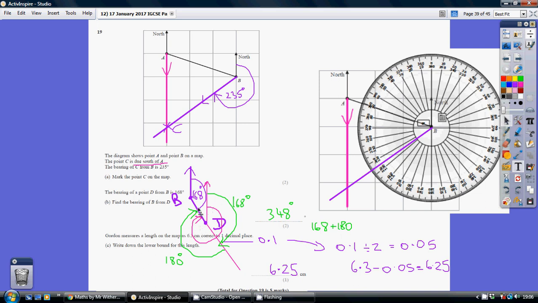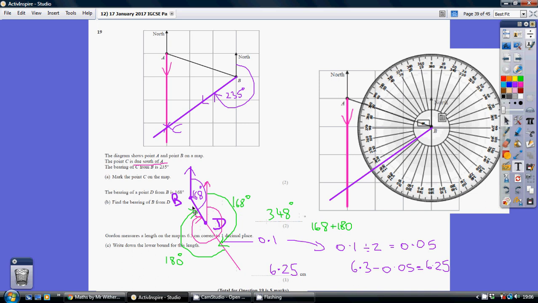Now we've really got to just think about our angle knowledge here. If we extend this line along here, this component of the angle here is an F angle. So that component from here round to here is 168 degrees. Added together with this bit here, which is angles on a straight line, that's another 180, giving us 348 degrees.